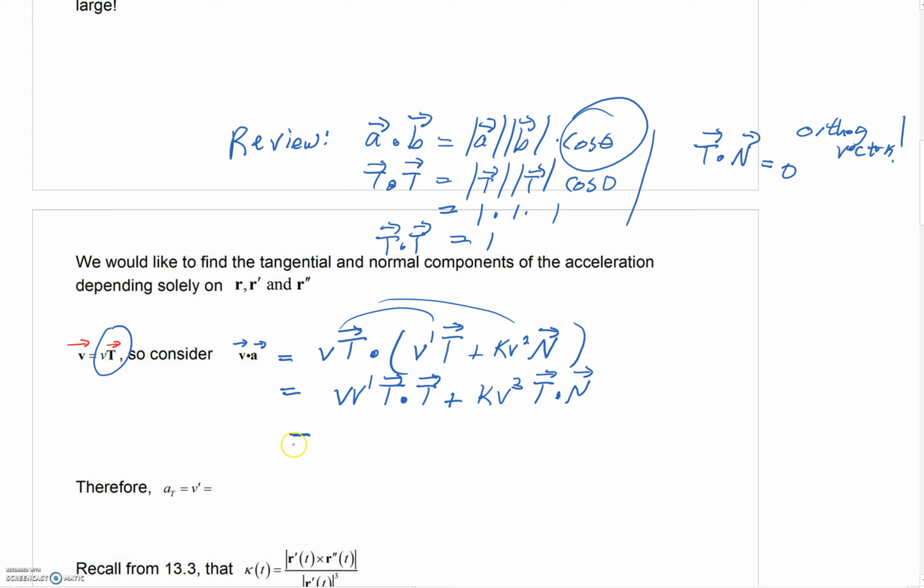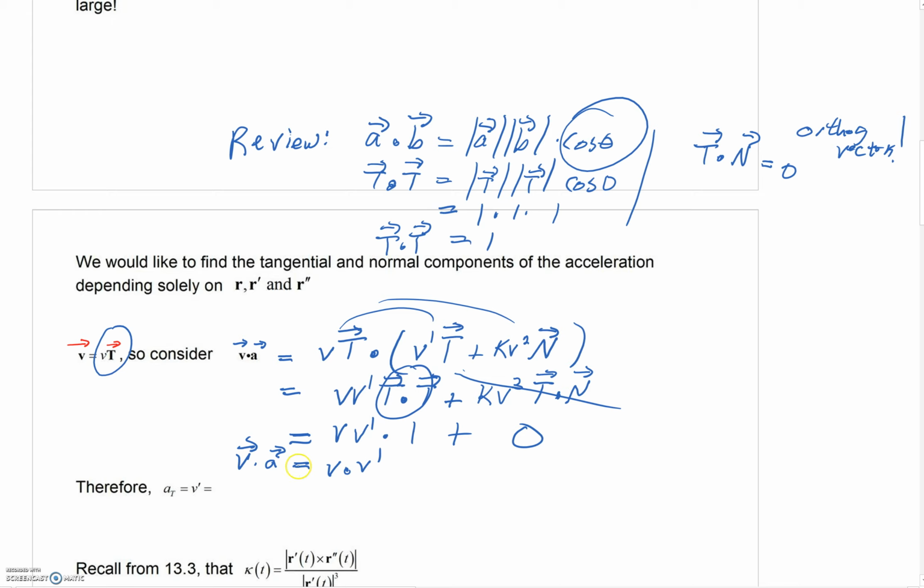Coming back down here, we have v prime, but this dot product of T to itself is just a 1. And of course, this all is going to go down to 0. So what did we just see? We just saw very quickly that v dot a is equal to v without an arrow times v prime. So that hopefully is going to help us out.